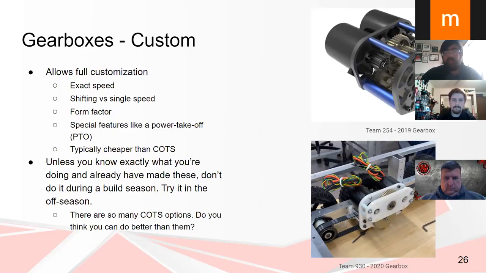One of the weaknesses we didn't touch on with the COTS one is that geometrically, you're kind of stuck with how that gearbox is shaped, and you have to make sure that works with your robot. You can integrate special features as you want to, and generally, just like with a lot of things, buying the parts and doing it yourself can be cheaper than a COTS gearbox because you're cutting out the middleman.